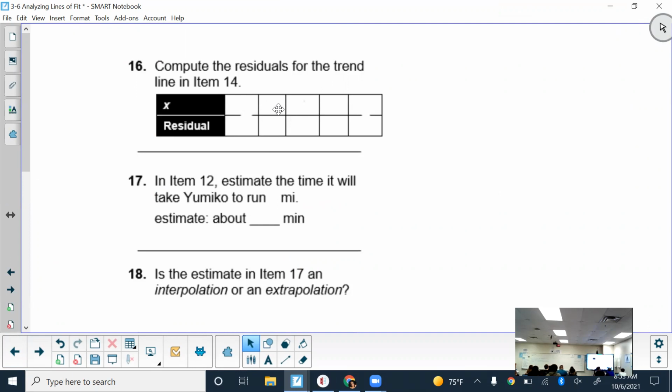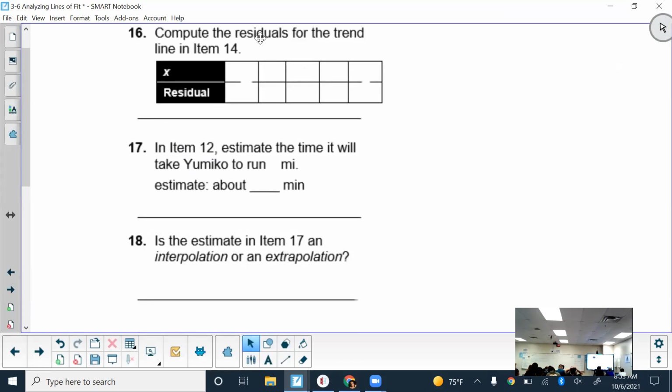But these are the questions they're asking you. To compute the residuals for the trend line, you have to put the x values and the residual values. What's the formula for residuals? Actual minus predicted. So do that.